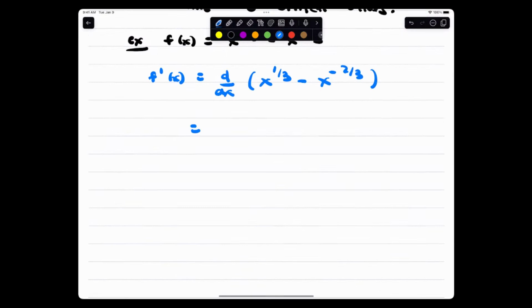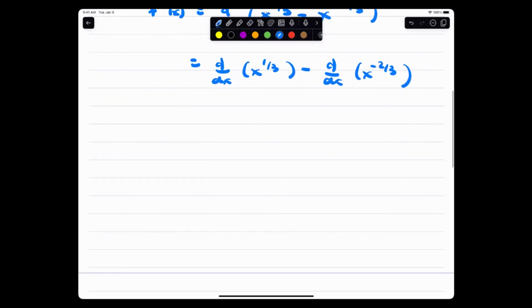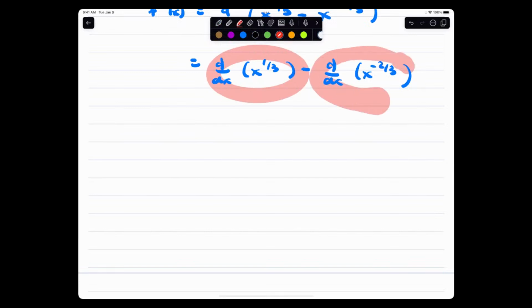And again, the derivative of a difference is the difference of derivatives. Now, what do you guys use for each one of these here? Power rule, is that right? Okay, so we're going to say power rule for each one.